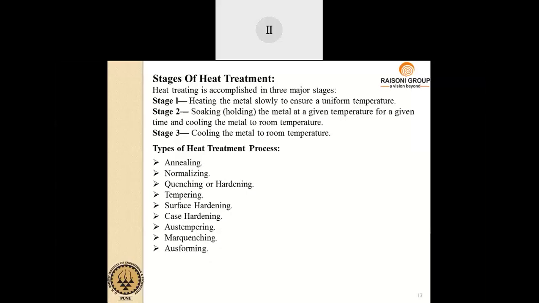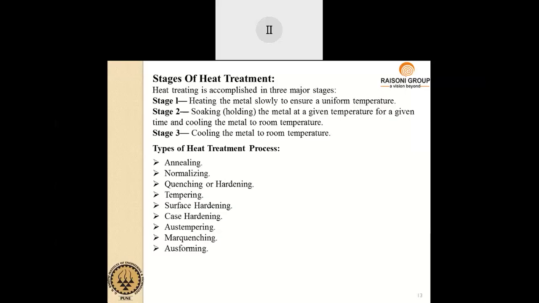The soaking period also affects the mechanical properties. So proper selection must be done before you apply a heat treatment procedure, based on the final properties you want to achieve.